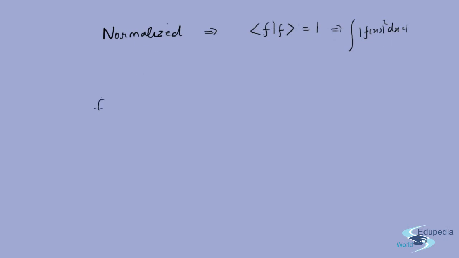Similarly, two functions are said to be orthogonal if the integral of f of x star g of x dx is equal to 0. By the way, the limits of these integrals are minus infinity to infinity, or if there is some specific case, for example in the infinite square well, everything else would be 0, so within that well itself.